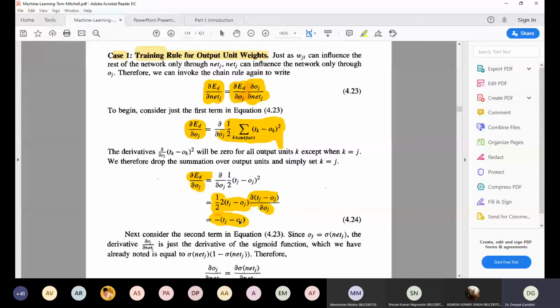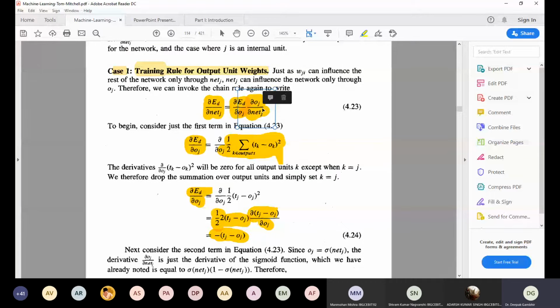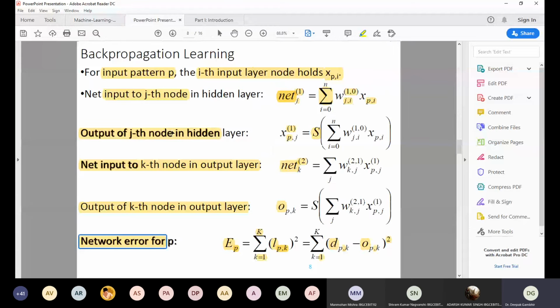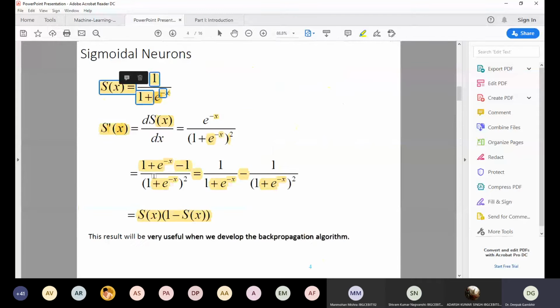Now our next part is to compute the partial derivative of O with respect to net_j. The output is nothing but the output given by the sigmoid function when it has input net_j, that is sigma of x. Just before, I told you that the property for the derivative of the sigmoid function is S(x) into 1 minus S(x).